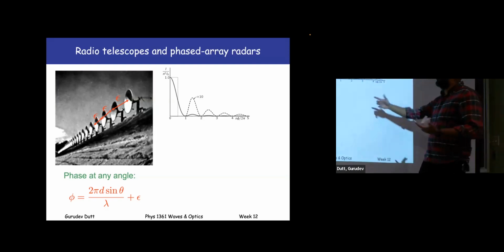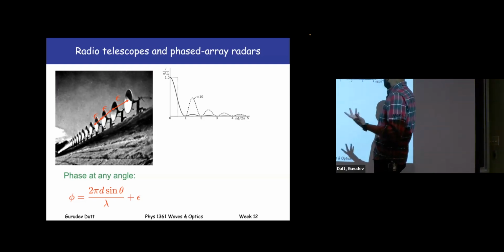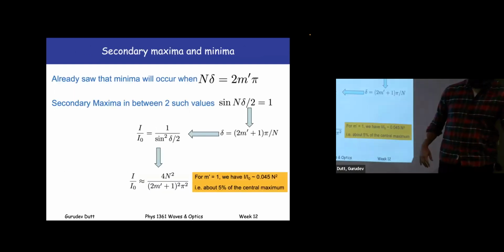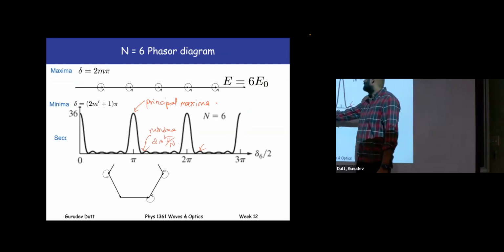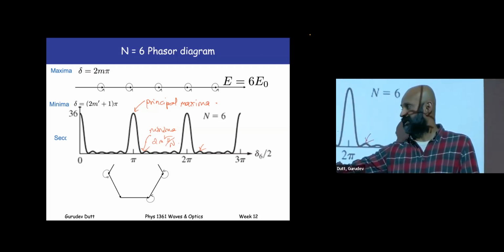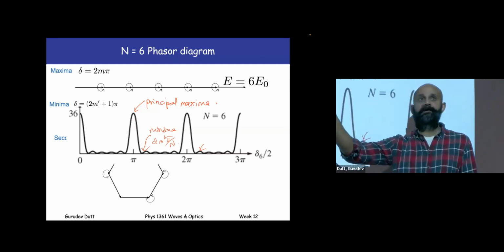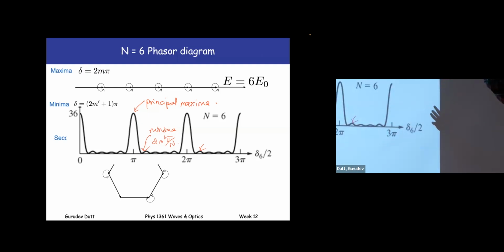And remember, we already talked about this several times, but let's say the peak and then the addition. If I went one slide back, you can see, suppose I had set delta over 2 equal to pi, that means I'm fixing the angle at which I get this principal maximum.